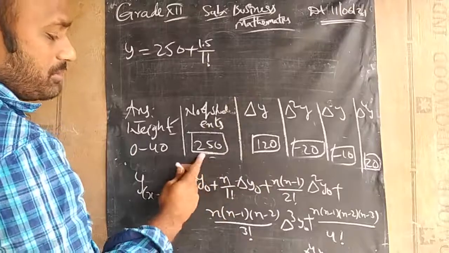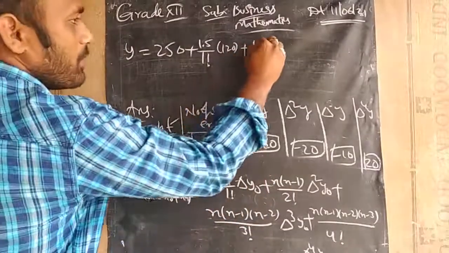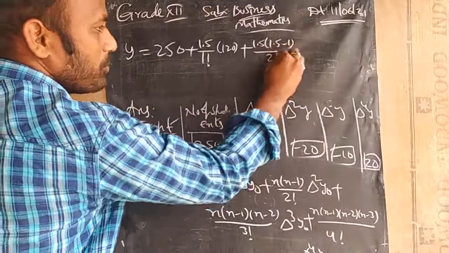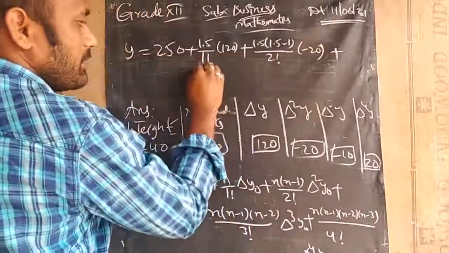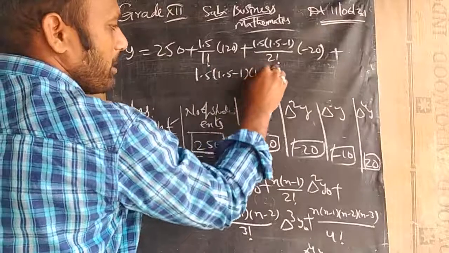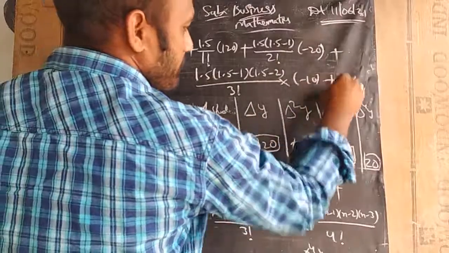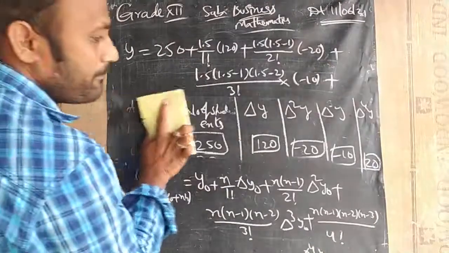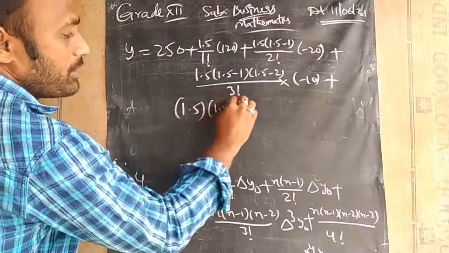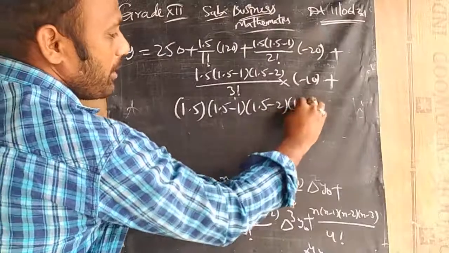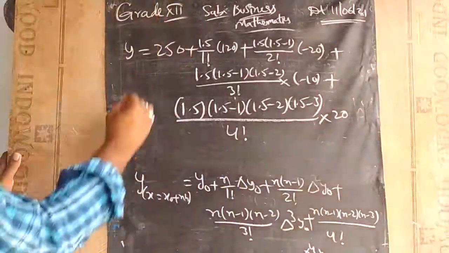What is the change in y naught first? 120. 120 plus n, n is 1.5, into 1.5 minus 1 by 2 factorial into delta square y naught, which is minus 20, plus n into n minus 1 into n minus 2 divided by 3 factorial into minus 10, plus n into n minus 1 into n minus 2 into n minus 3 divided by 4 factorial into 20. So let us do the total calculation of this.